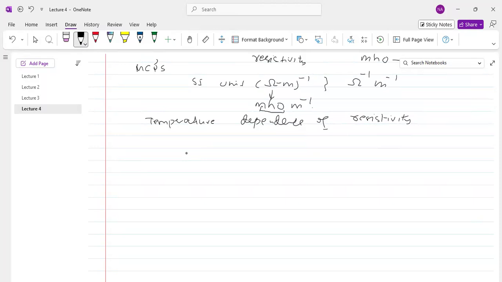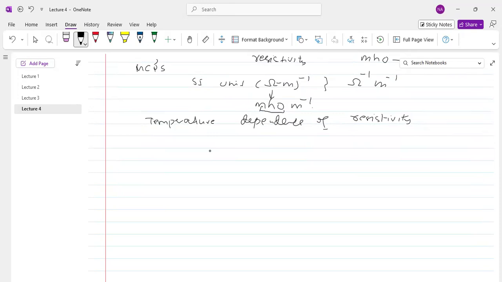This means that we want to understand how the resistivity of a material depends upon temperature. Whenever we talk about the resistivity, we will always say that this is the property of a material, not a property of a wire, not a property of a conductor.